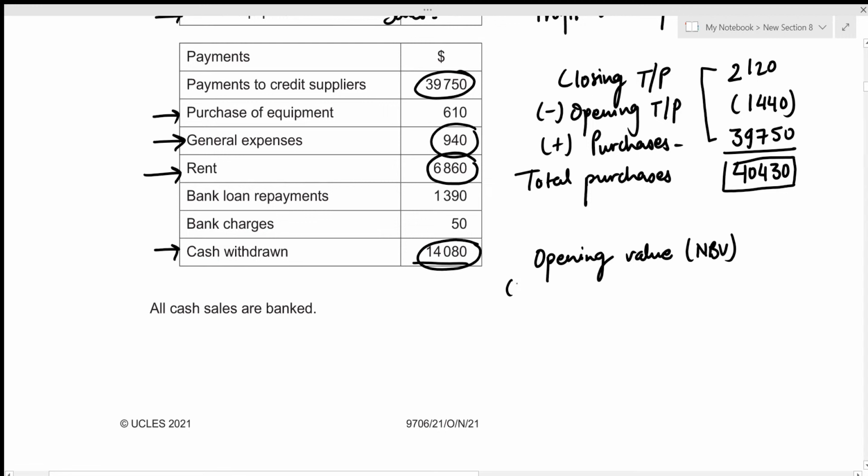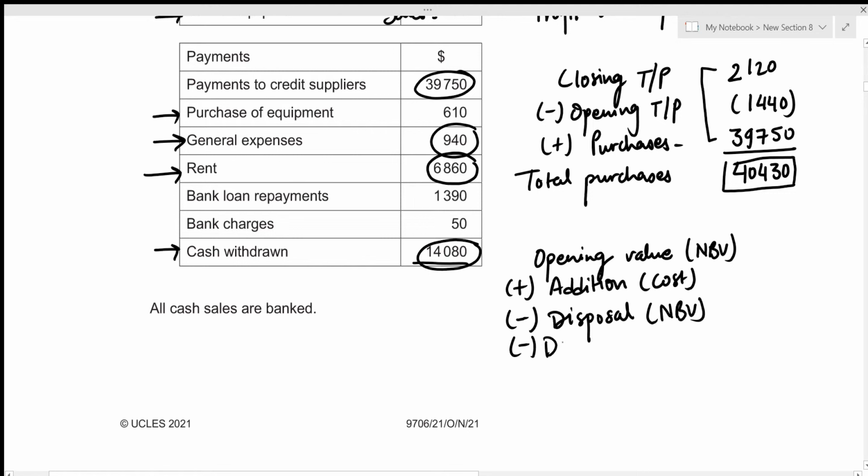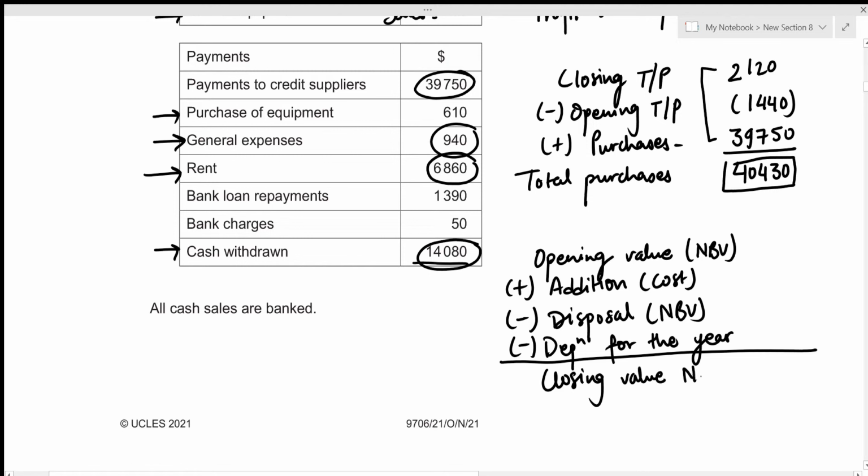Then we will add any new addition to the equipment. So new additions are always recorded at cost. Then we subtract any disposal of equipment. So disposed value, we always record it as net book value. Then we subtract the depreciation for the year. And this gives us the closing value. So closing value is the net book value.